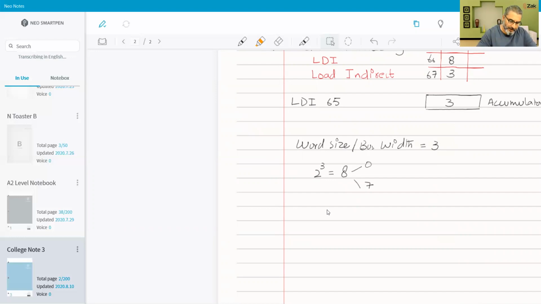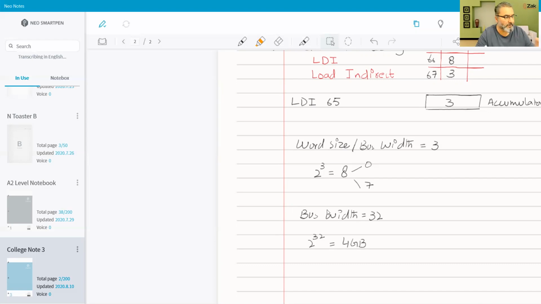So if we have got bus width 32, it means that we can access as many as 2 to power 32, which is actually 4 GB, 4 gigabyte of RAM.